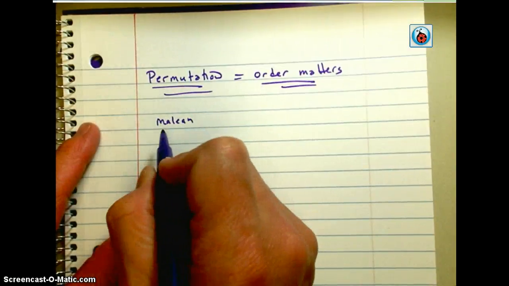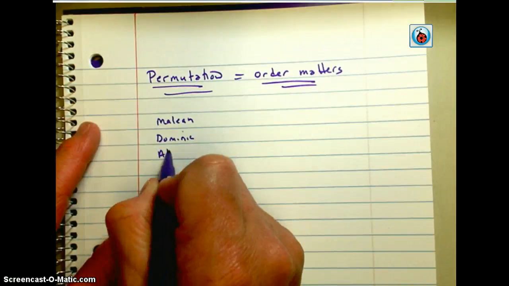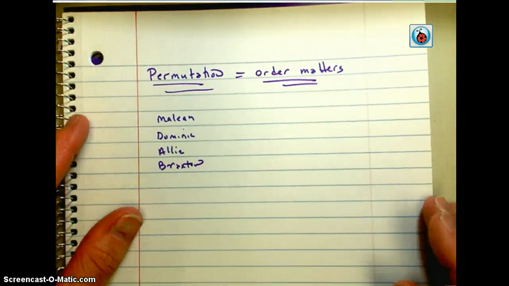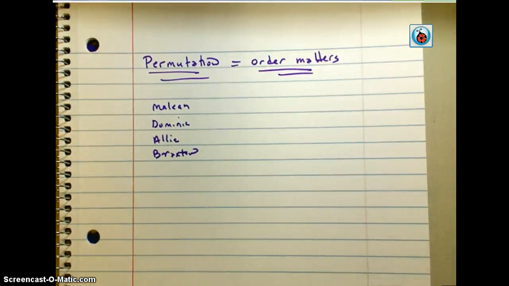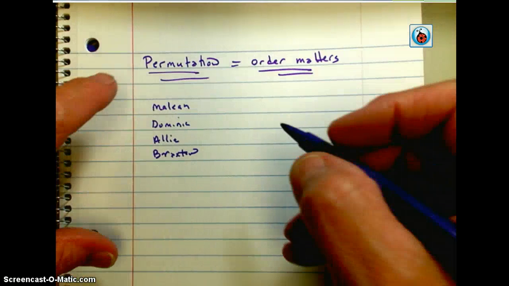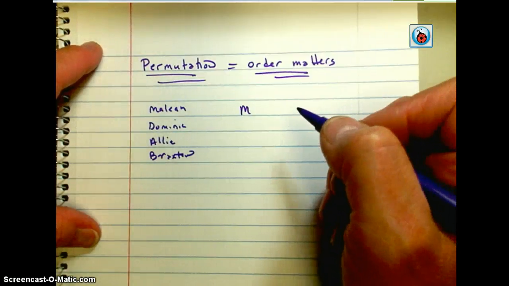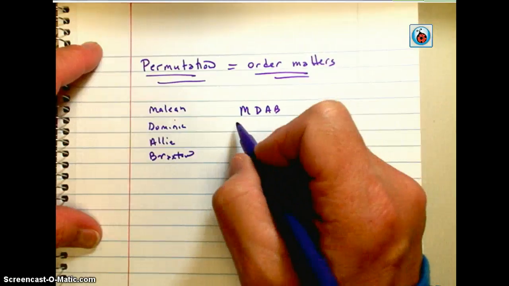We have Malia and Dominic and Allie and Braxton, and we want to line them up to use the computers. We're going to make a list of who gets to use the computers first. There are different combinations where Malia can be first: Malia, Dominic, Allie, Braxton.